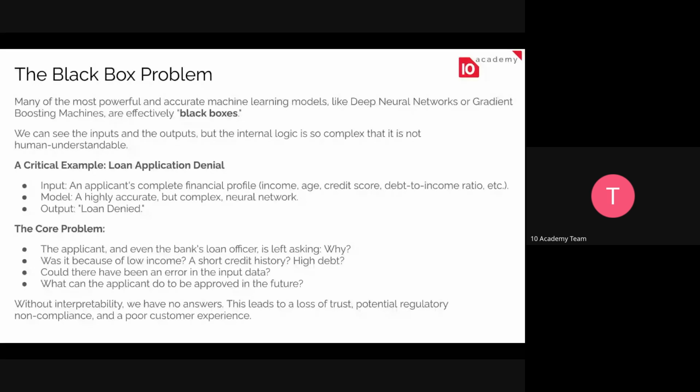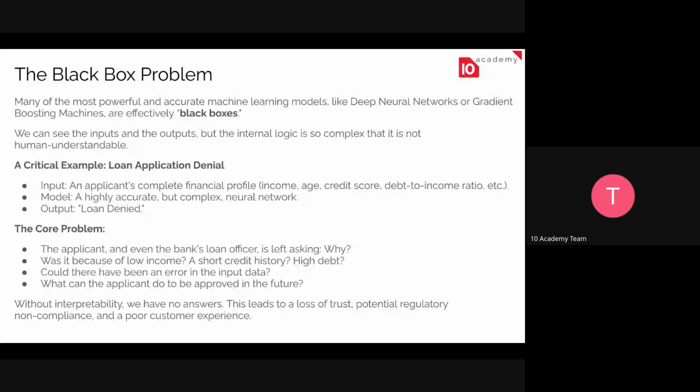Is it because the person has a low income? Is it because the person has a short credit history? Or does the person have a high debt? Of course, if the person has these reasons, it could reduce their chances of getting a loan, but why did it reject the loan?